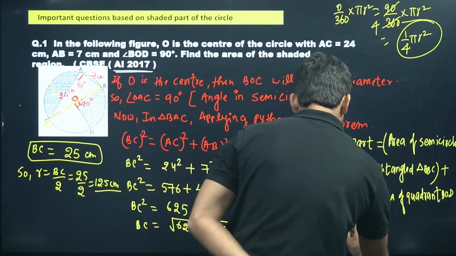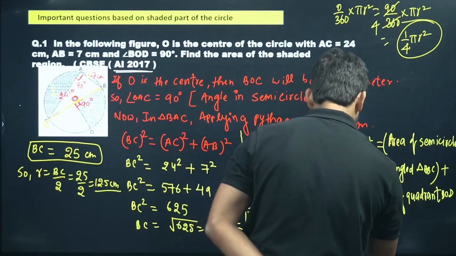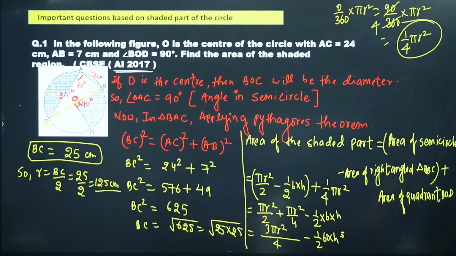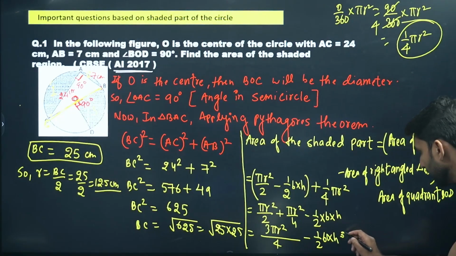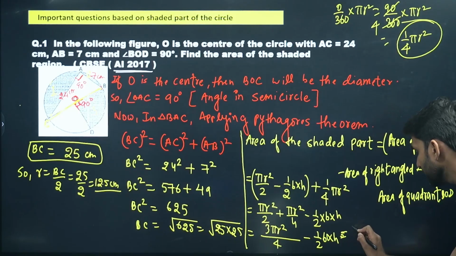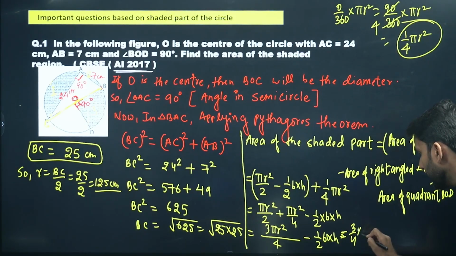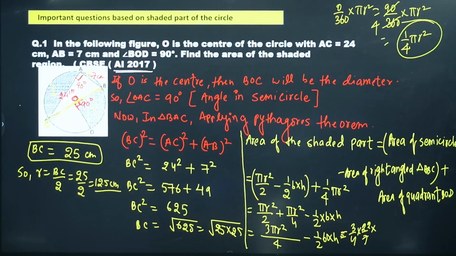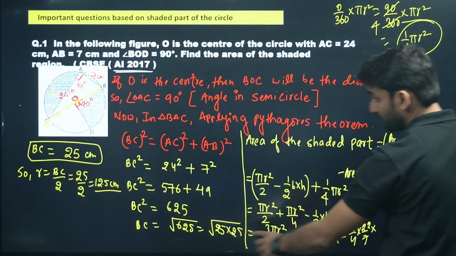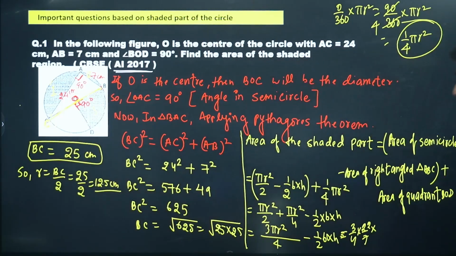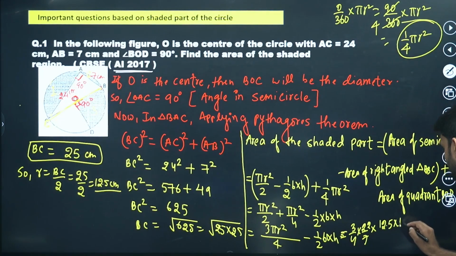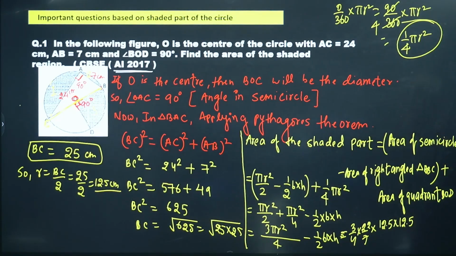Now put the values. Hope you are getting the point. So 3 by 4 pi, with pi as 22 by 7, into the radius square. What is the radius? 12.5. So 12.5 into 12.5, minus half base into height.